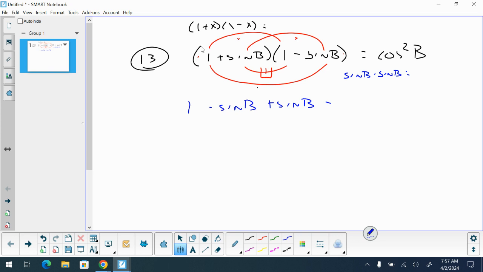When I multiply sine of b times sine of b, well, what happens when I multiply x times x? If I multiply x times x, what do we come up with? X squared. So when I have sine of b times sine of b, that would be sine squared of b. I have 2 of them, which we write as sine squared b.